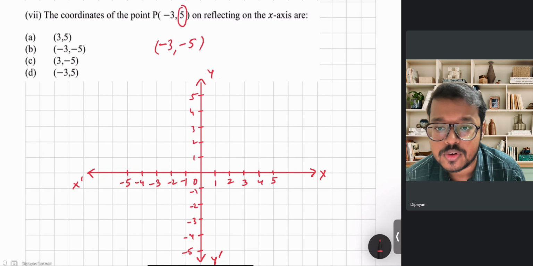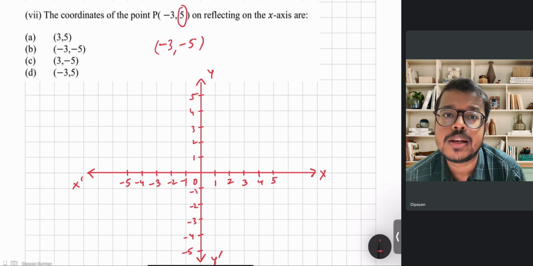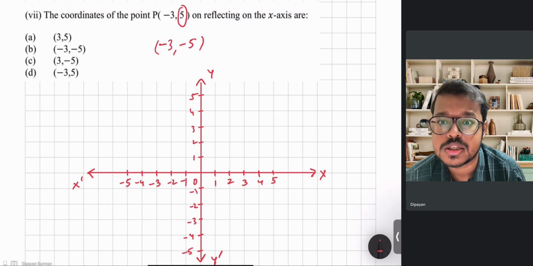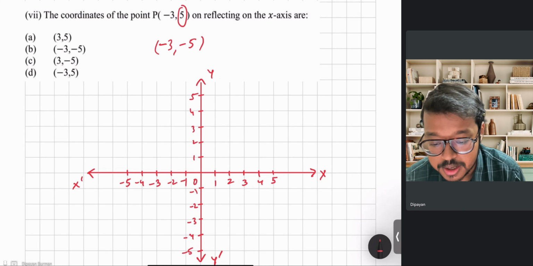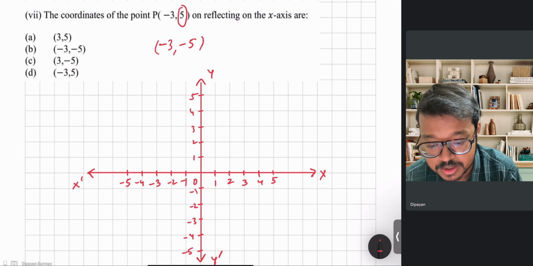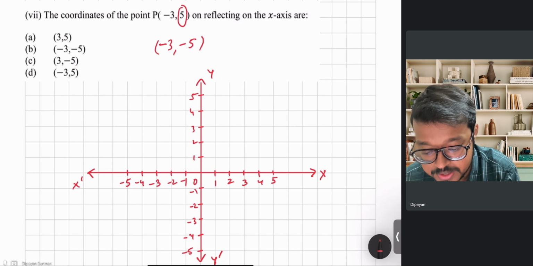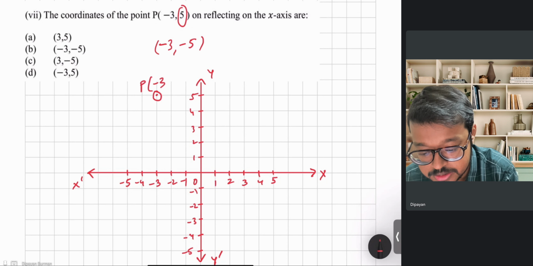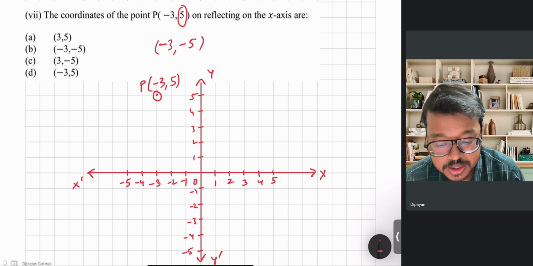For example, I have drawn it according to scale here, but it's not required, just for understanding. Suppose we want to plot the point P, which is (-3, 5), starting from the origin, 3 units on the left is -3 and 5 units on the top is 5. So this point is P, which is (-3, 5).